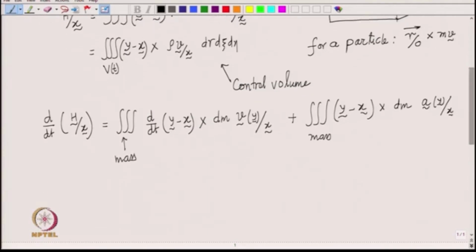So, in the center of mass frame, that is the acceleration.